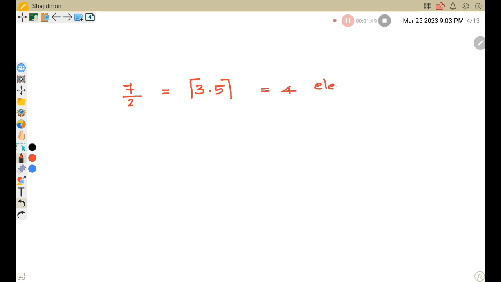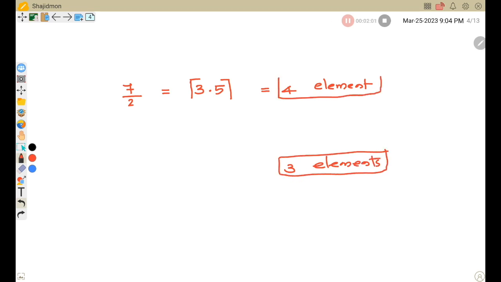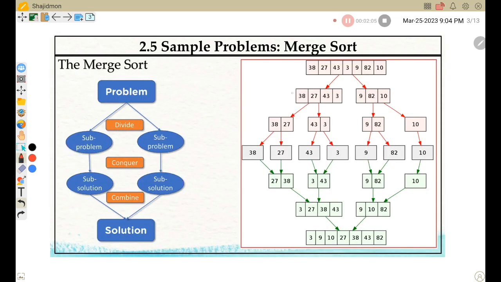So one list has 4 elements and the second list has 3 elements, because there are 7 in total. Here you can see one list with 4 elements: 38, 27, 43 and 3. The next list has the remaining 3: 9, 82 and 10.